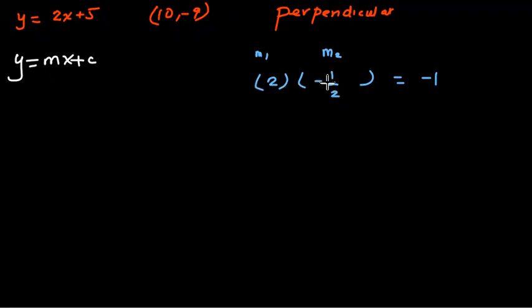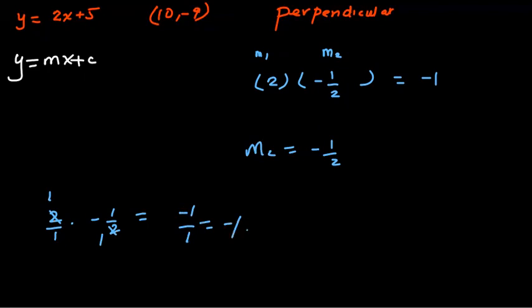So my contention is that m2 is equal to -1/2. Let's try it out. 2 over 1, which is 2, multiplied by -1/2. This cancels, I have 1 times -1 over 1, which equals -1. This works. So the negative reciprocal works. Haven't seen that little trick.